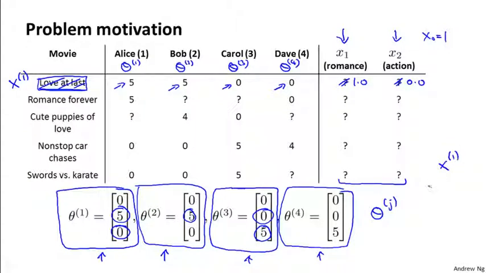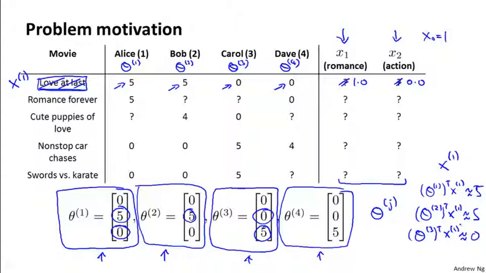This example is a little bit mathematically simplified, but what we're really asking is what feature vector should x1 be so that theta1 transpose x1 is approximately equal to 5, that's Alice's rating, and theta2 transpose x1 is also approximately equal to 5, and theta3 transpose x1 is approximately equal to 0, so this would be Carol's rating, and theta4 transpose x1 is approximately equal to 0.